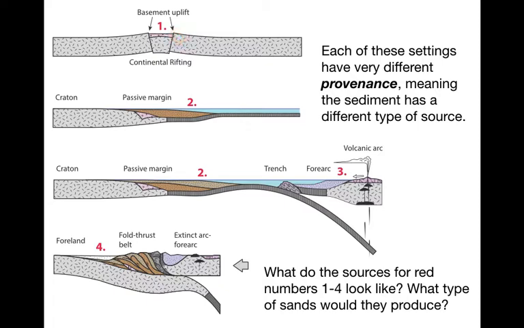And these are acting as sources, and the sediment eroded from those rift shoulders is getting deposited inside the rift. At some later time, this block of crust may rift entirely away, leaving you with an open ocean basin and a passive margin that's facing it.